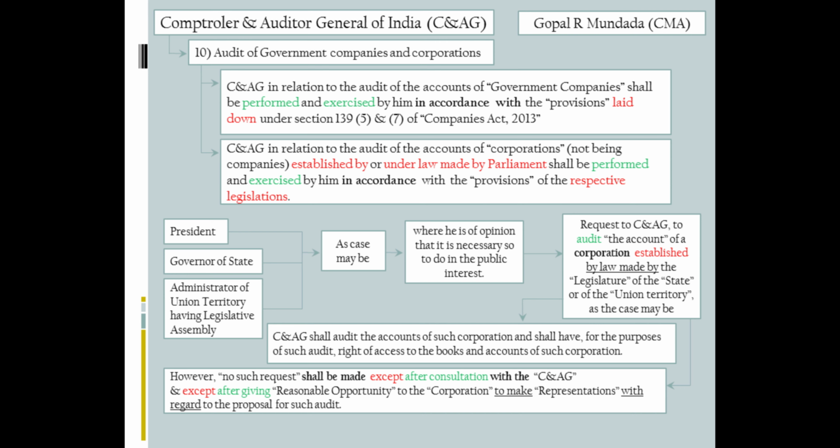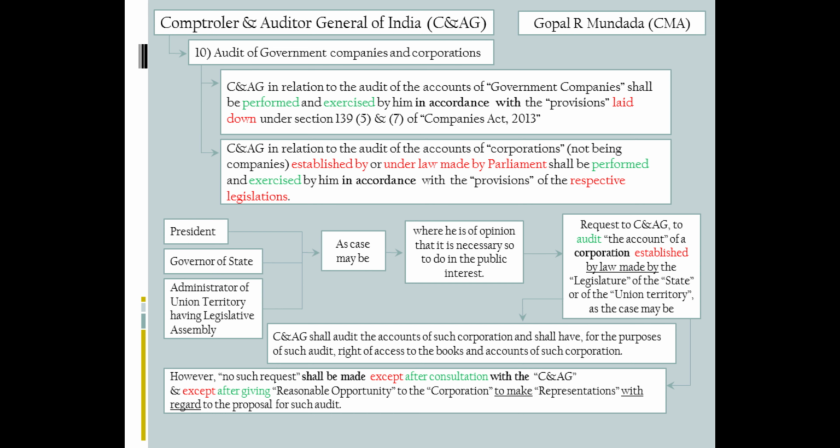The C&AG shall audit the accounts of the corporation and shall have, for the purpose of such audit, a right of access to the books of account of the corporation. However, no such request shall be made except after consultation with the C&AG and except after giving the corporation a reasonable opportunity to make a representation with regard to the proposal of such audit.